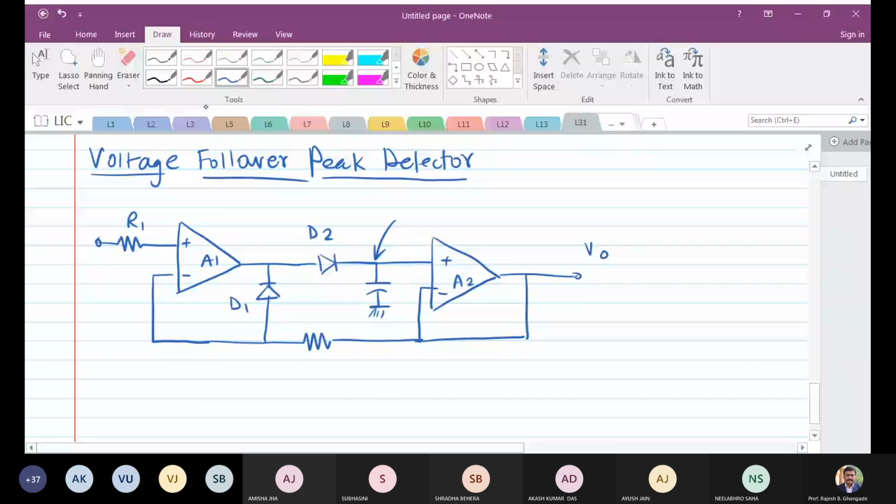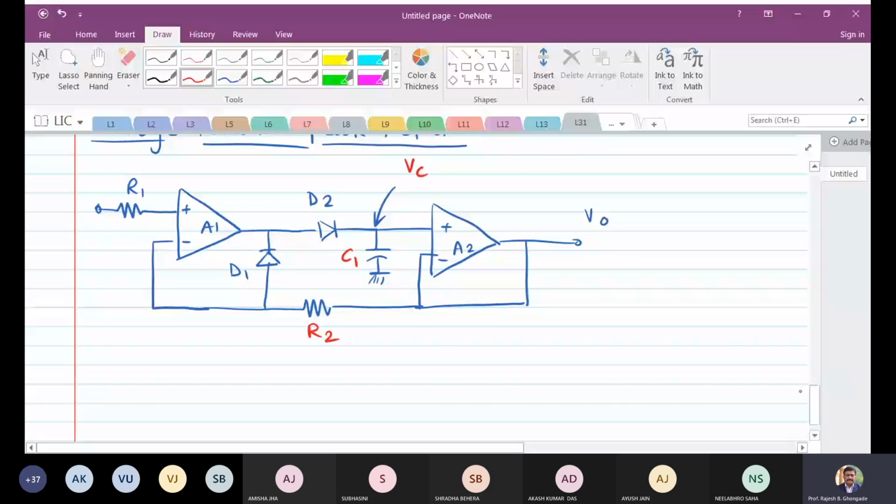So this is another circuit. Now why is this circuit more preferred? Because the previous circuit that we have seen had a few problems.